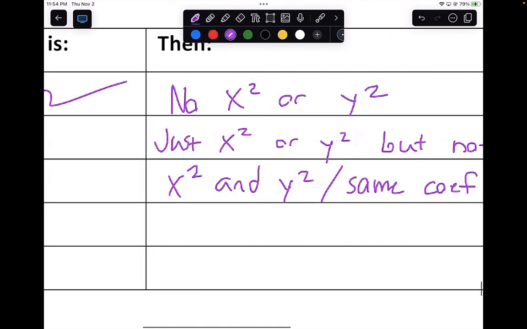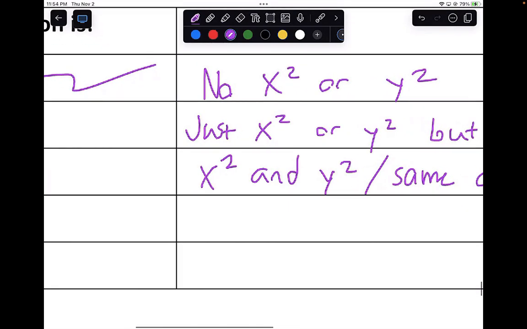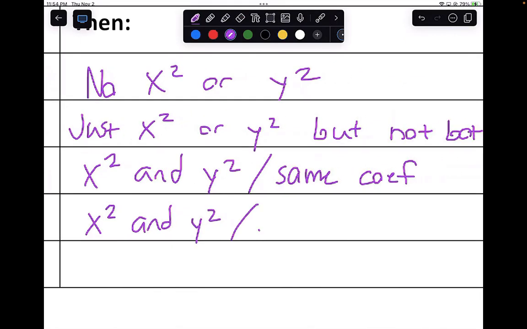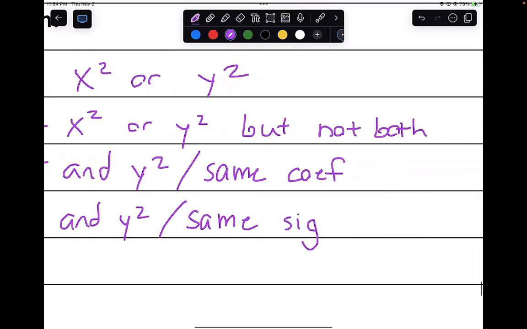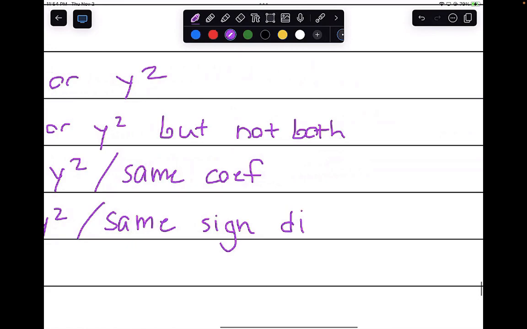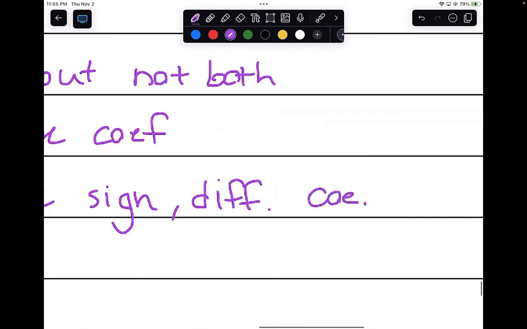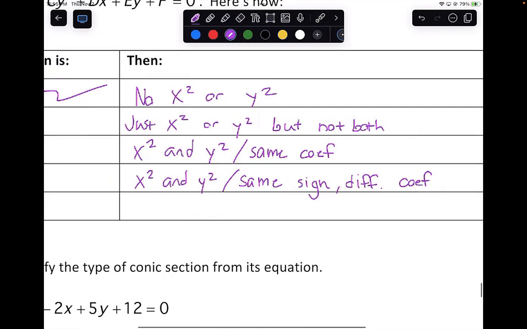An ellipse, you're going to have x squared and y squared, and you want the same sign but different coefficients out in front. If they have the same sign and same coefficient, it winds up being a circle.